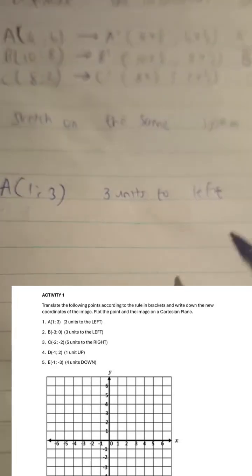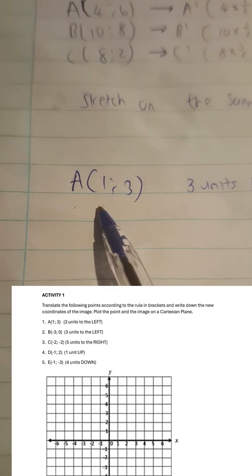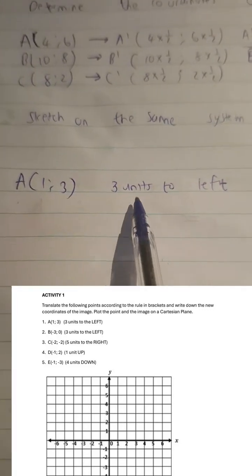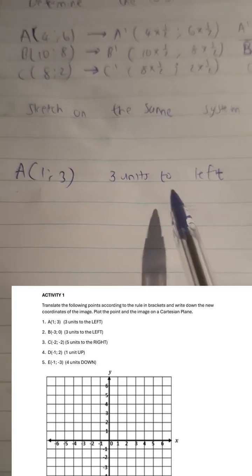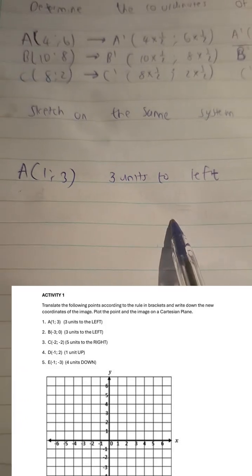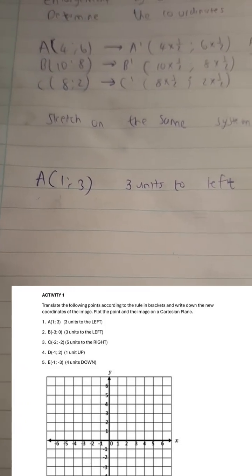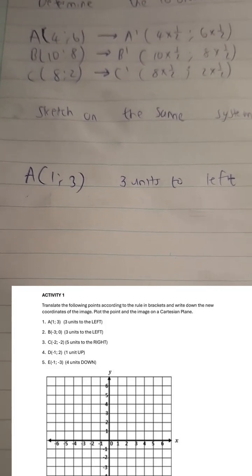to the left. Remember, we said that translation, what does translation mean, guys? If we are translating, it means we are sliding either to the left or to the right, or we are sliding up and down. Translation does not change the size of a point, an object, or a line segment.